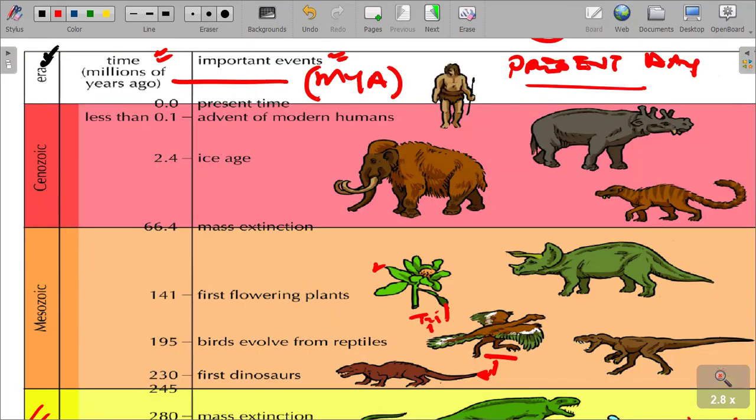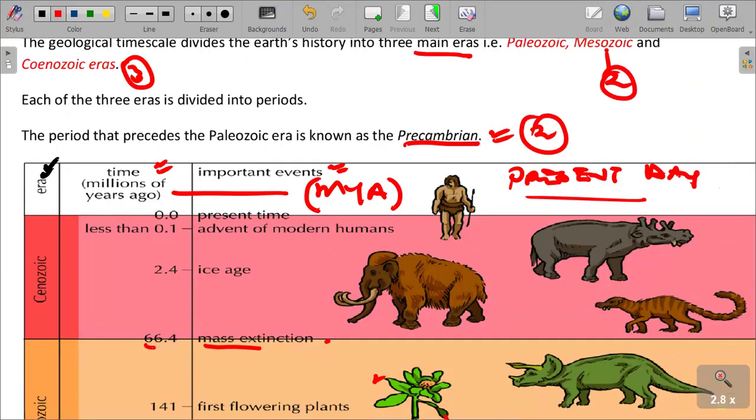And then the Mesozoic era ended, when those organisms died or perished about 66.4 million years ago. So what happened during the Cenozoic era, we have the ice age, and other organisms which also came into existence.